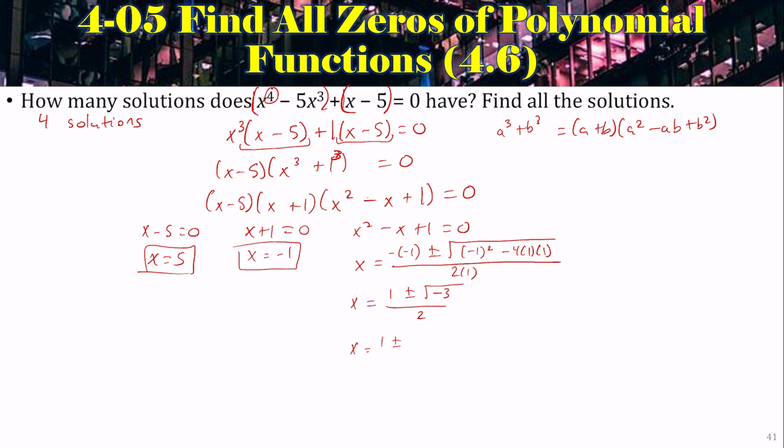Square root of -3. The square root of 3, and the square root of the negative is i. And we would usually split this up into two separate fractions. And so there we have four answers. We have 5, -1, 1/2 plus the square root of 3 over 2 i, and 1/2 minus the square root of 3 over 2 i.